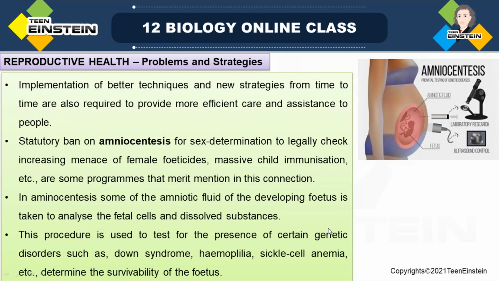If people know that the growing fetus is a female, they will kill the fetus, or they will say they don't want that girl baby, right? Because in our society there is a concept that a girl baby is a burden, right?